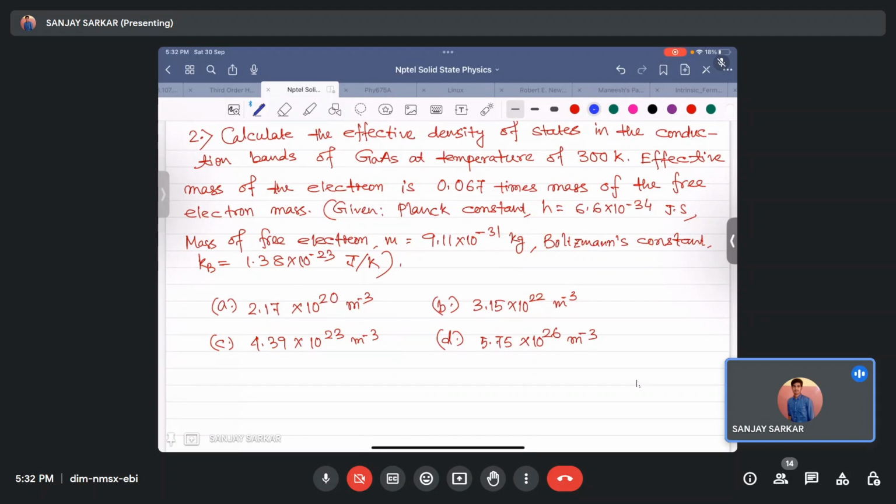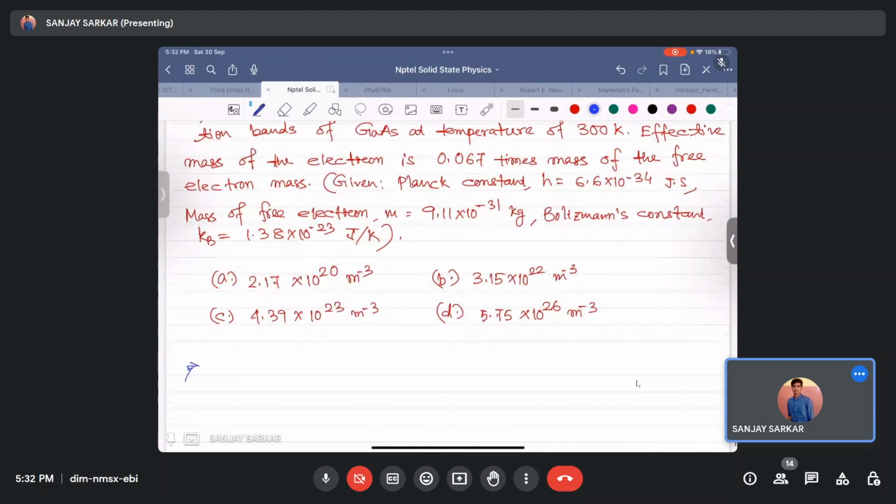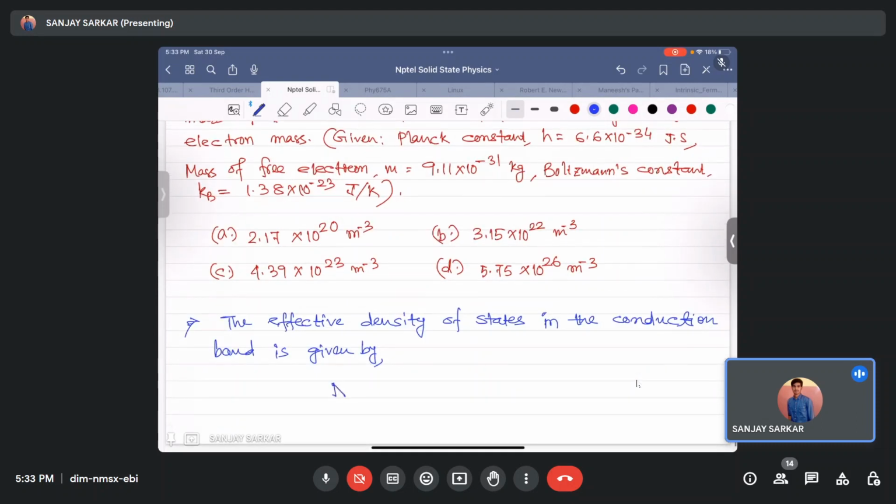The effective density of states in the conduction bands is given by NC, which is equal to 2 into 2 pi mn star kBT divided by h square, to the power 3 by 2.